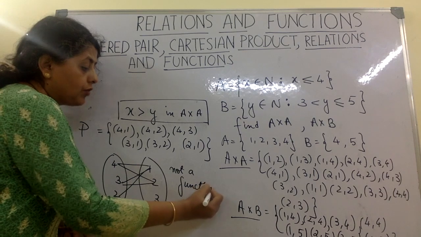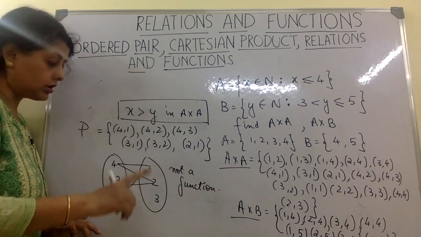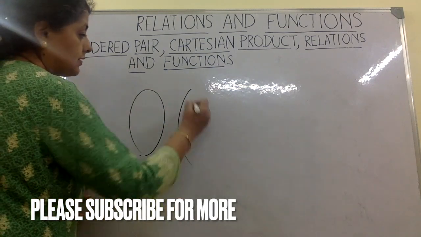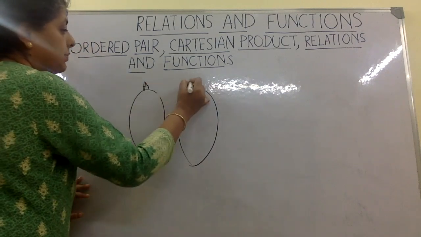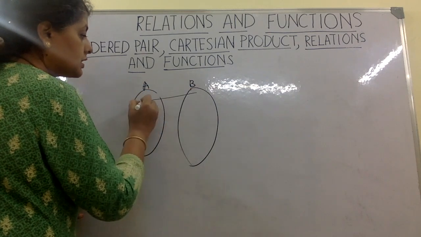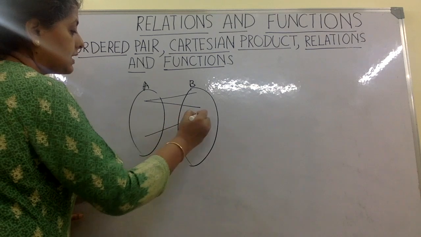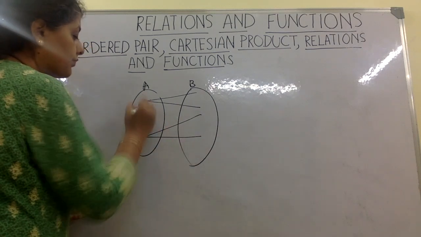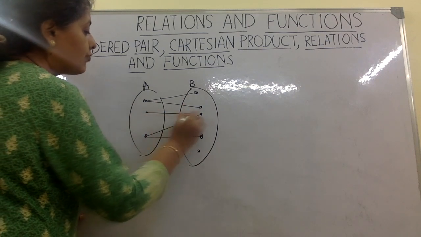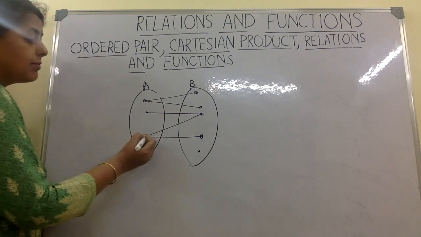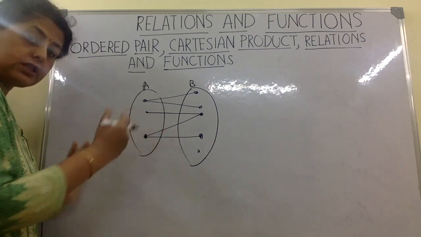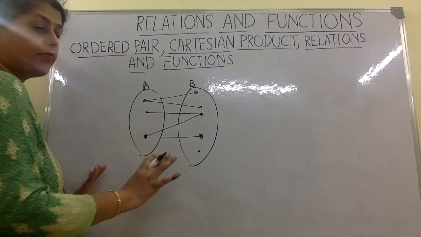Why? I'll tell you. When does a relation become a function? Remember this. I have one set here, another set here, A and B. If there is any relation where even at one place, two of these elements are linked to one element on the first set, it is not a function.